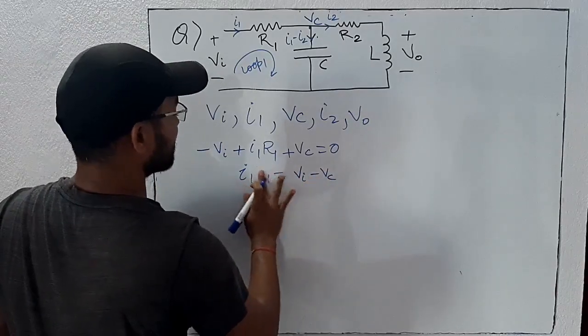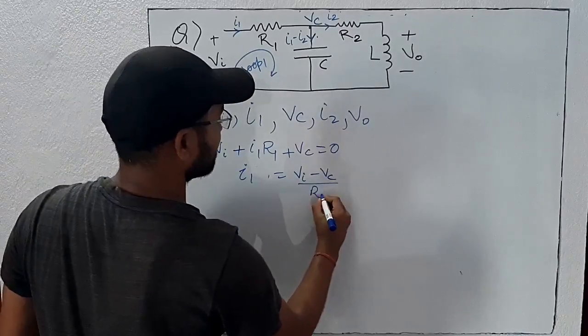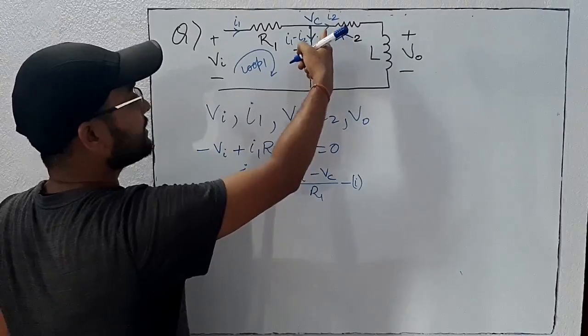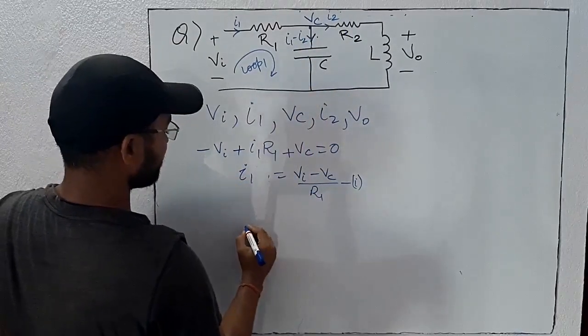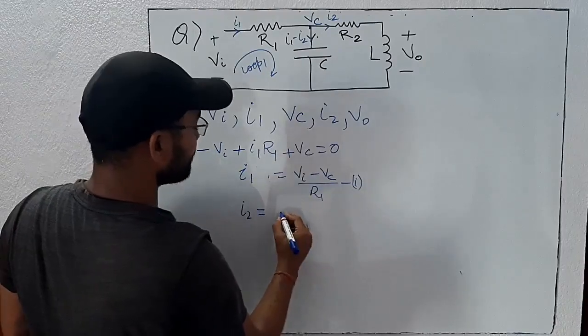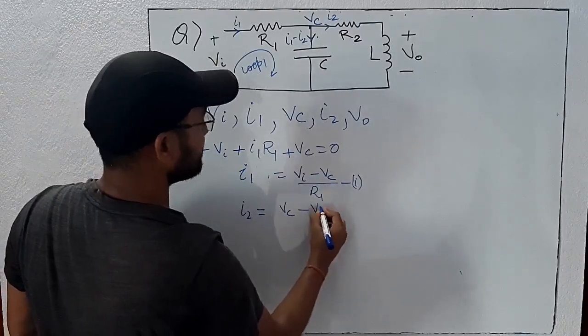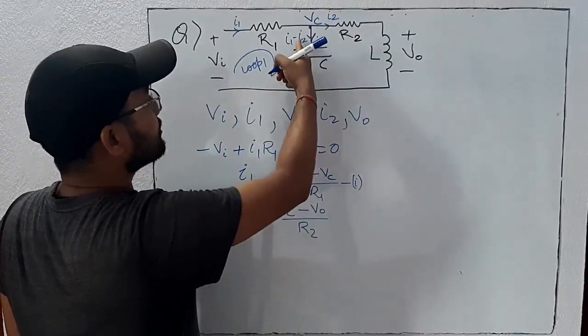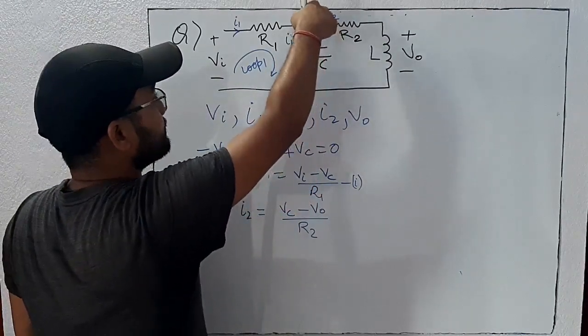So this R1 will go to the other side. This is our equation 1. Now we will write for I2. I2 is equal to (Vc minus V0) by R2. Now we will write for Vc.